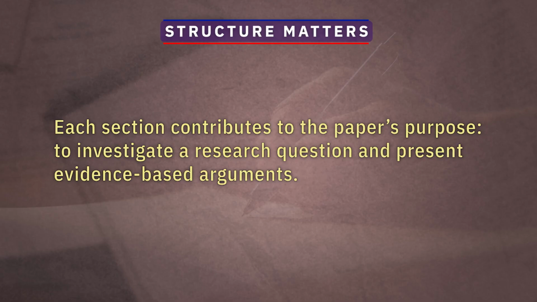There is a research question, as I mentioned, a research problem. To investigate that research problem or that research question is one aspect of the structure. The second is to present evidence. Evidence-based arguments are developed. That is the second aspect of the structure.